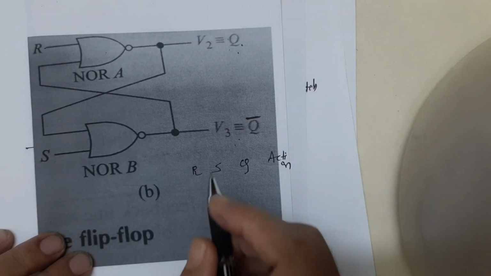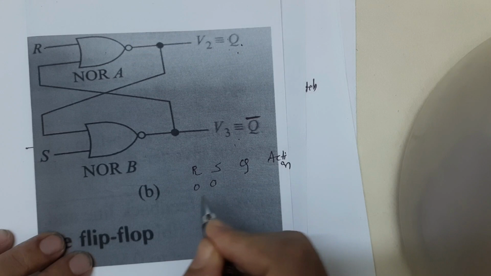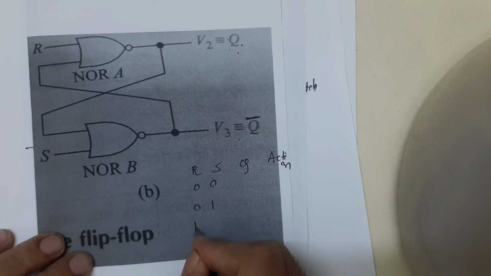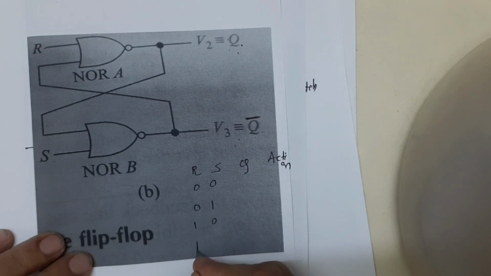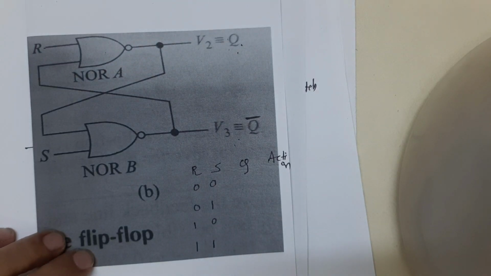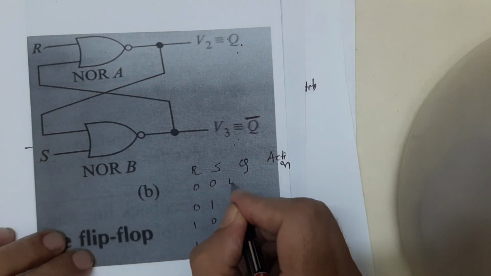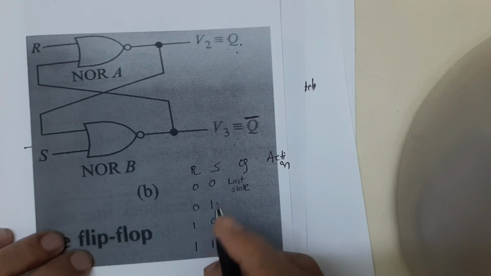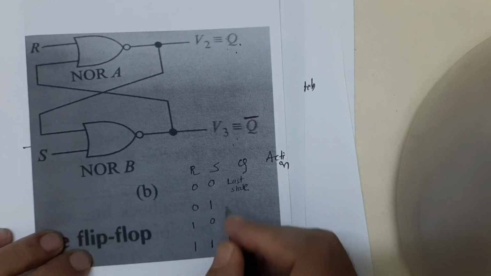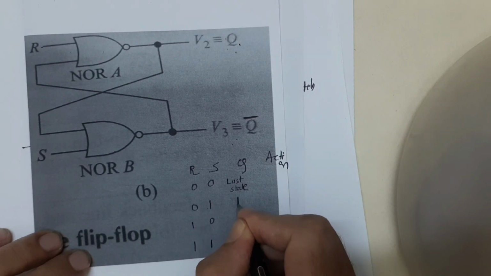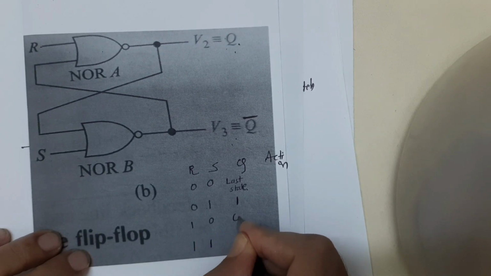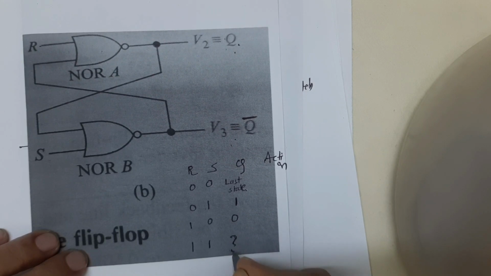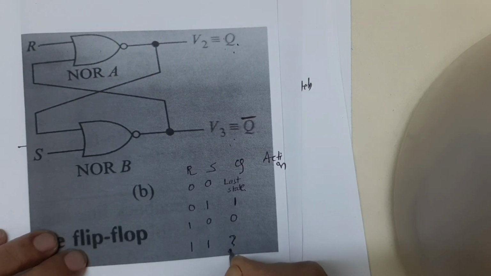If R is equal to 0, S is equal to 0; second condition 0, 1; third condition 1, 0; and last condition 1, 1. What is your Q? Q is equal to the last state. For the second condition 0, 1, Q is equal to 1. For 1, 0, Q is equal to 0. For 1, 1, we cannot say, question mark.